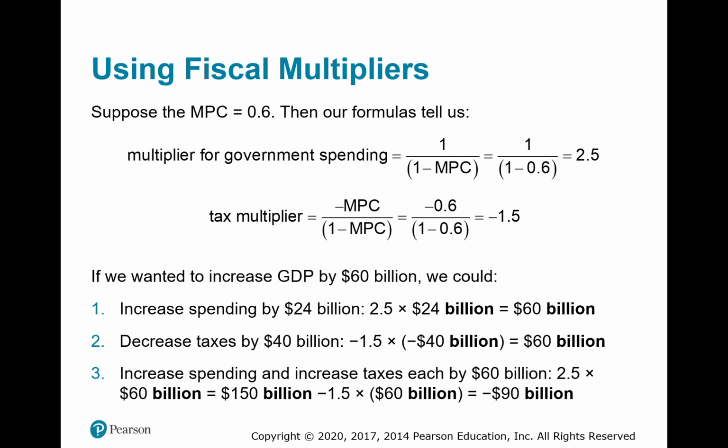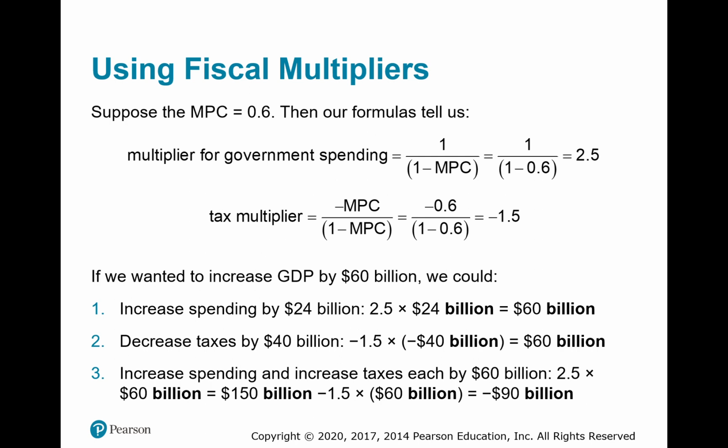All right. It can be in 3 different situations. Suppose the marginal propensity to consume, what we're going to consume, is about 60% or 0.6. Then if we plug everything in, 1 divided by 1 minus 0.6 ends up being, after all the addition and subtraction and division, 2.5. That's for additional government spending.